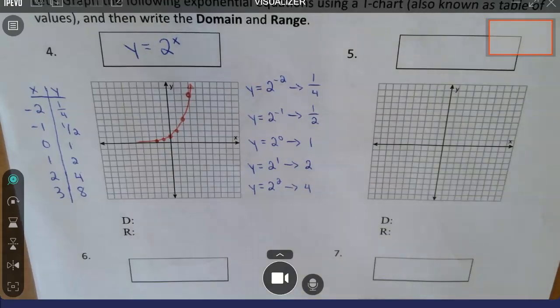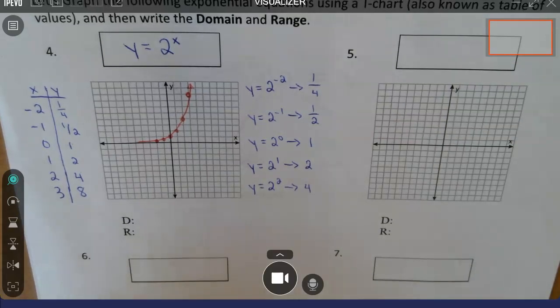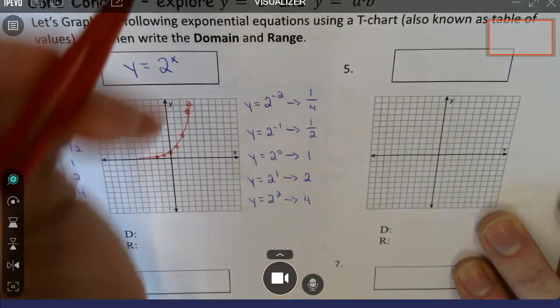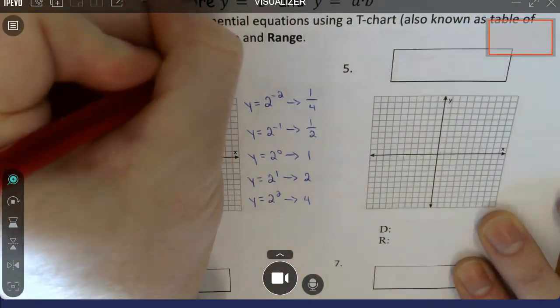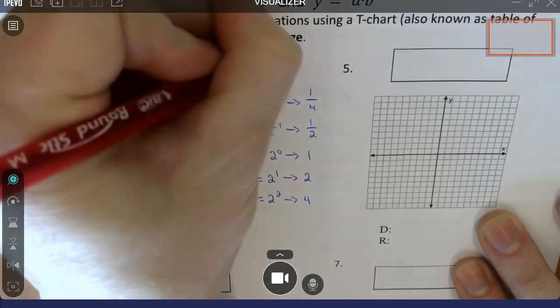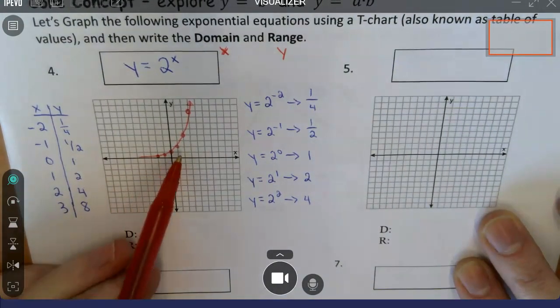The last part of exponential functions is understanding the domain and the range. Now we did talk about domain and range earlier in the year. Domain, you see these words up here in bold, domain are the x values and range are the y values. So we're trying to determine from this graph, what are all the possible x values?